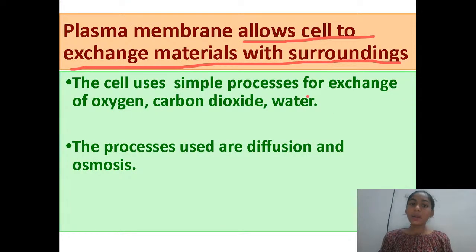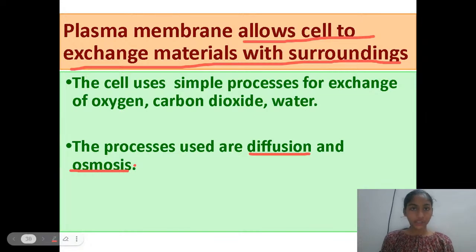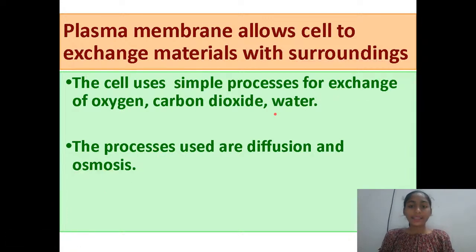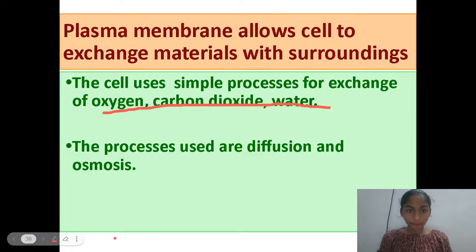The cell uses simple processes for exchange of oxygen, carbon dioxide and water. The processes used are diffusion and osmosis. Diffusion and osmosis are two different ways by which the plasma membrane exchanges oxygen, carbon dioxide and water.